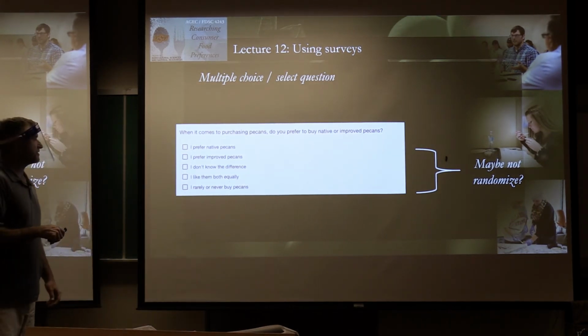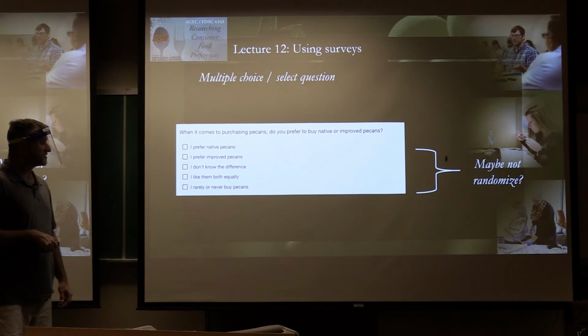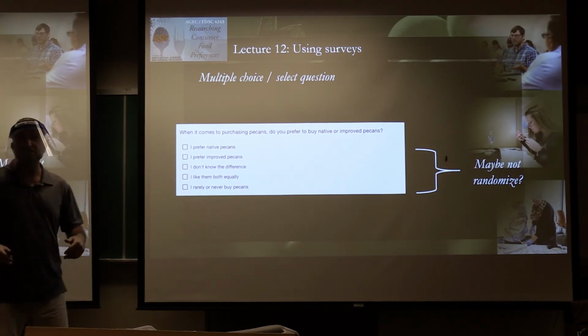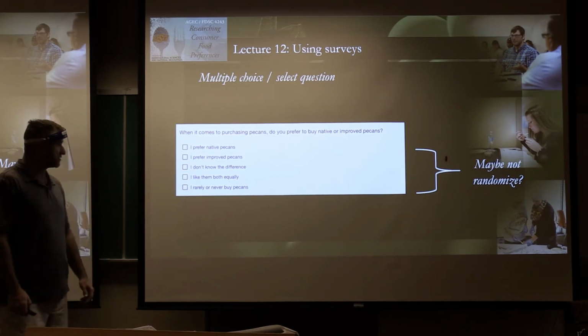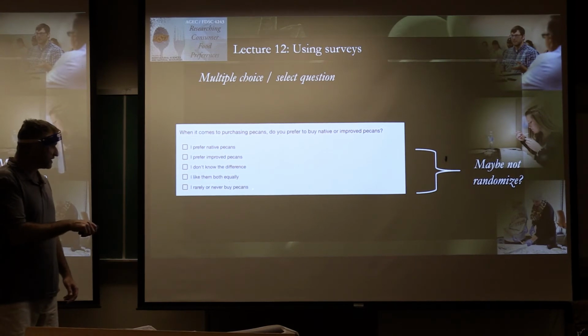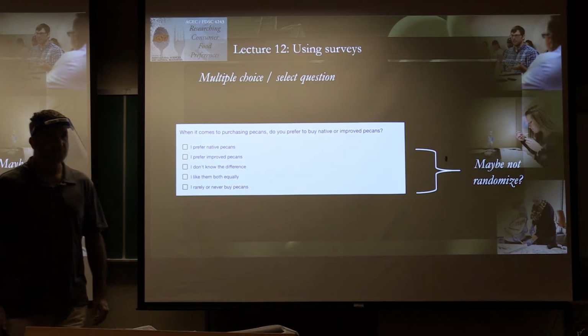And we give them an option for I prefer native pecans, I prefer improved pecans. And here we can get a little more nuance. Here we can have someone tell us that they don't even know what you're asking about, which would probably be most people, or people who like them both equally, and to get information on whether they rarely or never buy pecans.